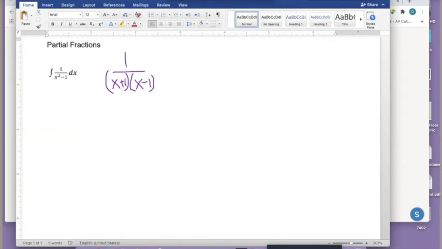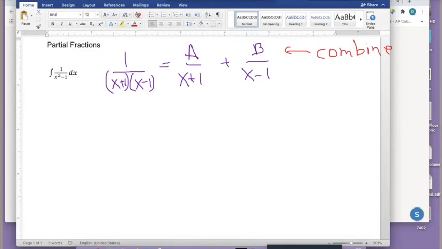Right? So somewhere out there, could you imagine that there's a fraction that is A over x plus 1 plus B over x minus 1? What are those A's and B's? Well, if we were going to add these, we'd have to get common denominators.